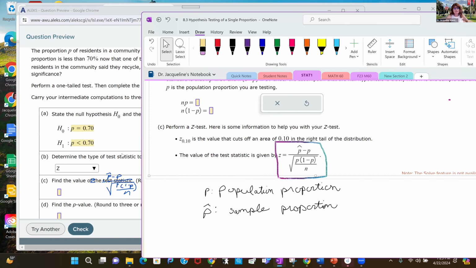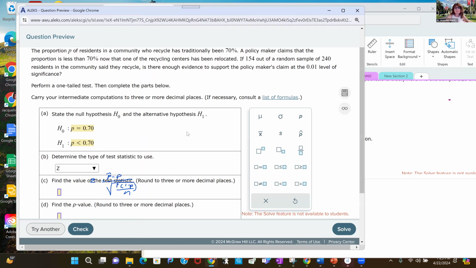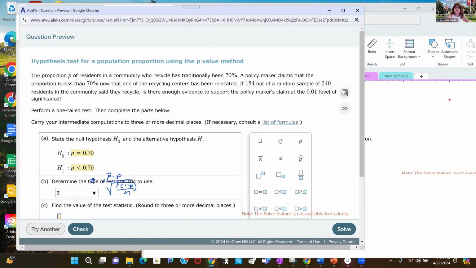Here's our formula for the test statistic. And so we know that P is 70. And then P hat, it's 154 out of 240.